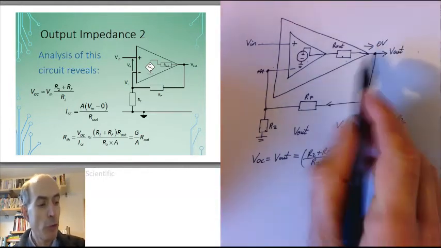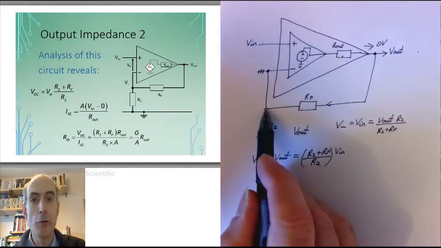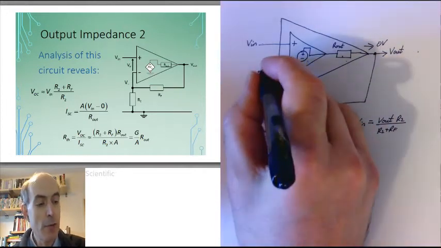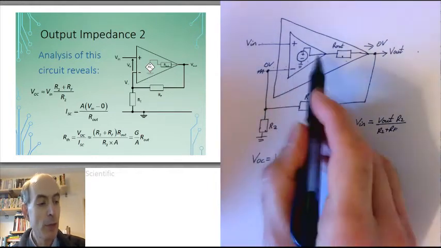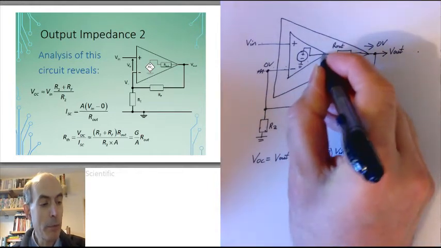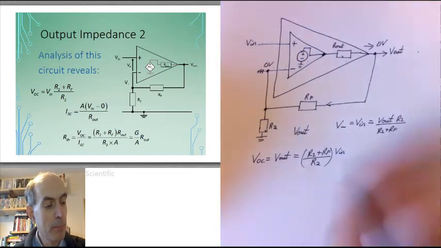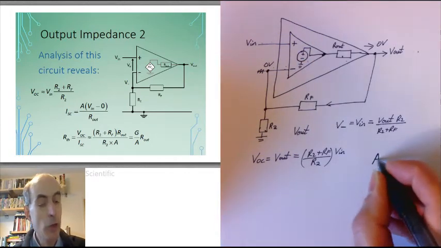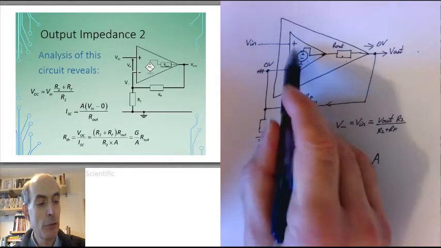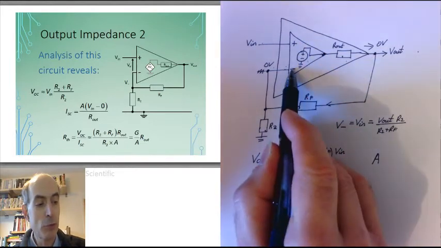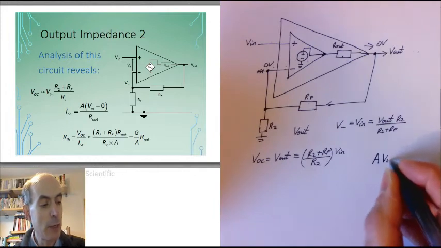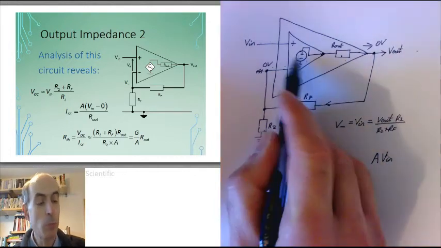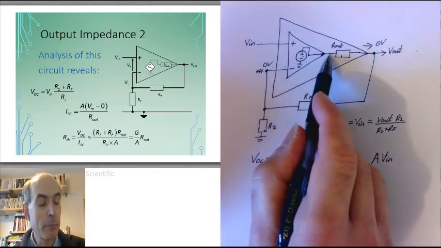If I've got 0 volts here, I will have 0 volts here as well, so the inverting input to my op-amp would be at 0. That means the output of my ideal op-amp there is going to be A, the open loop gain, times the difference between its inputs, which is Vin minus 0, or just A times Vin. That would be the output of this ideal op-amp.